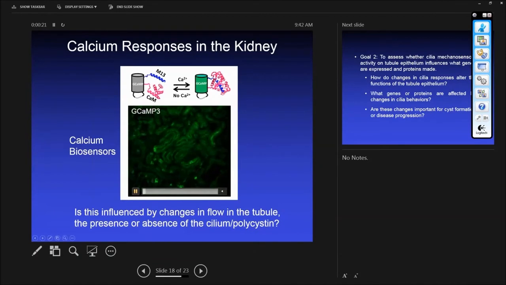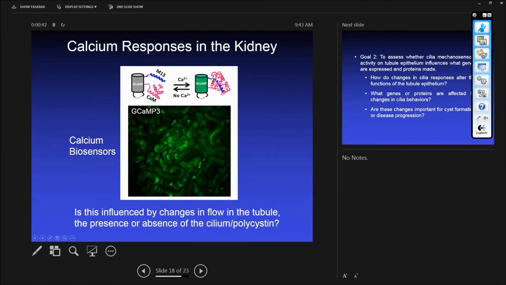Okay. So one of the things we've been trying to do is to understand whether the cilia play a role in calcium signaling, so the cilia and polycystins, both. And so what we are using here is what's called a biosensor, a calcium biosensor. It's a fluorescent protein that we express in these cells.